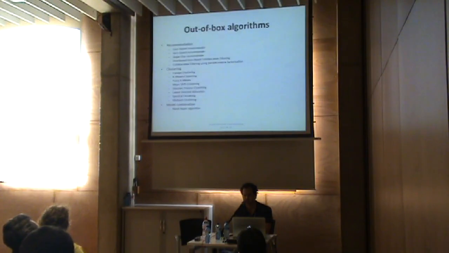There are a lot of algorithms that are available within Mahout. I don't even know if this list is up to date because there are new ones being added. But we can make user recommenders, recommending users that you may know, users whose preferences are similar to yours.